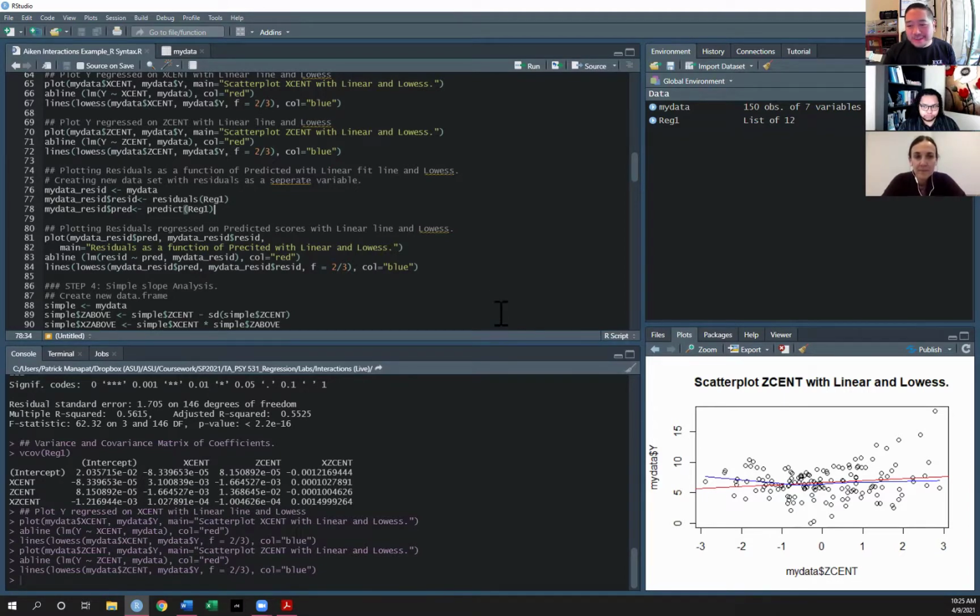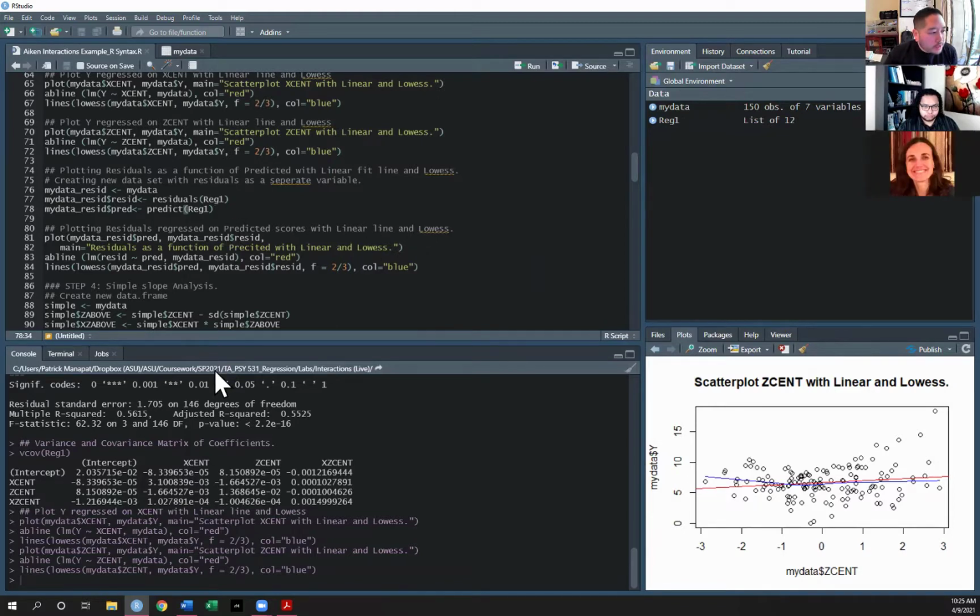So you're right that we're not really worried about the relationship between z and y, but because the interaction term does contain both x and z, just for completeness, it's nice to look at both plots. Thanks.